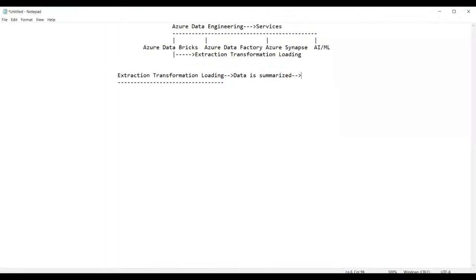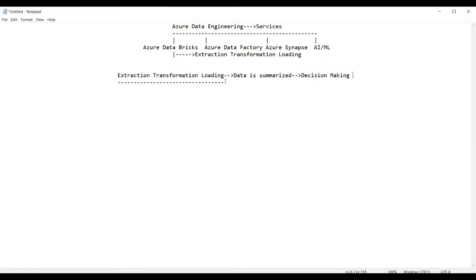And this summarized data is used for decision making. What is this process of extraction, transformation, and loading?